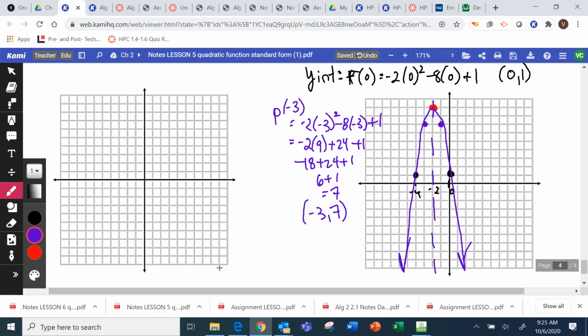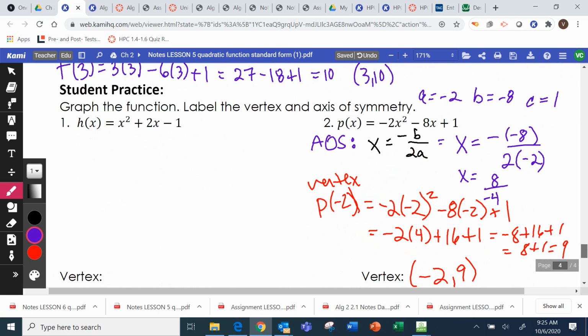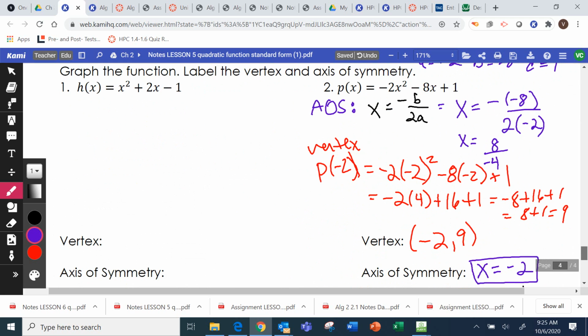Okay, I want you to try the easier one. Question 1, the student practice. I want you to find the vertex, the axis of symmetry, the y-intercept, and have enough points plotted. Ask me questions. I'm going to walk around and peek over your shoulders.